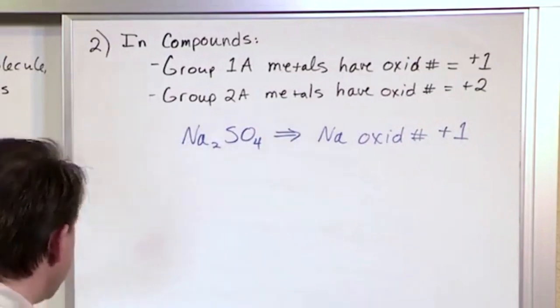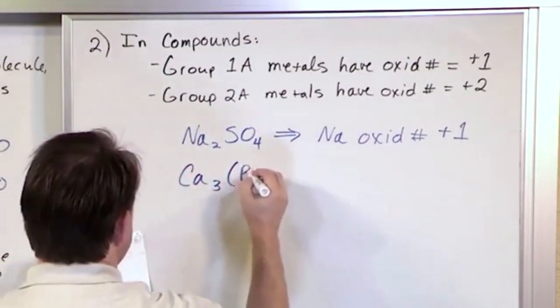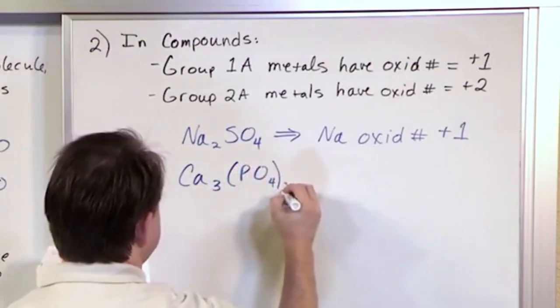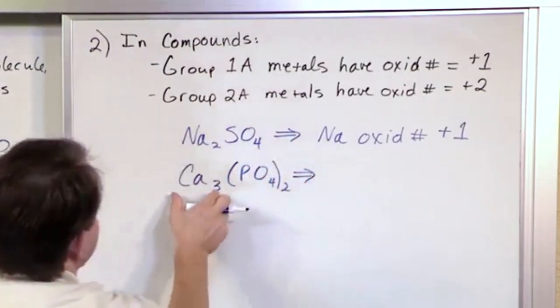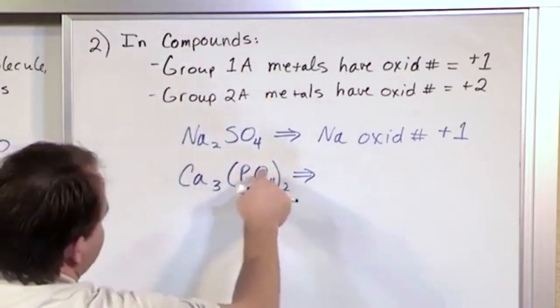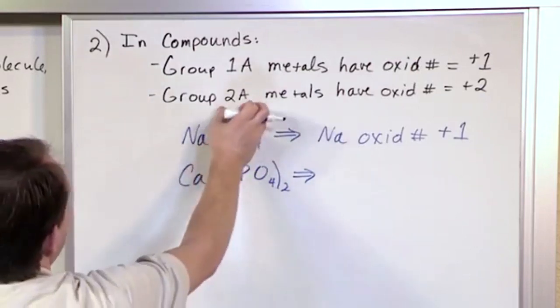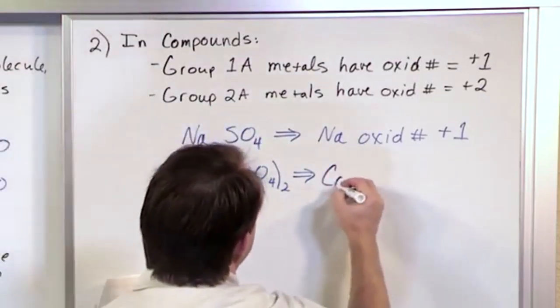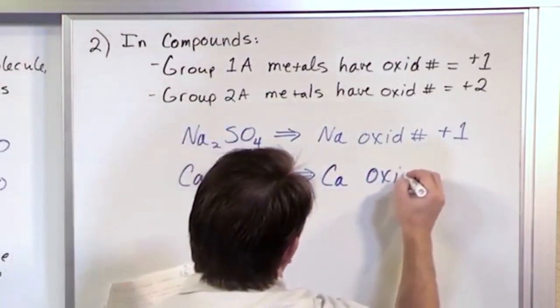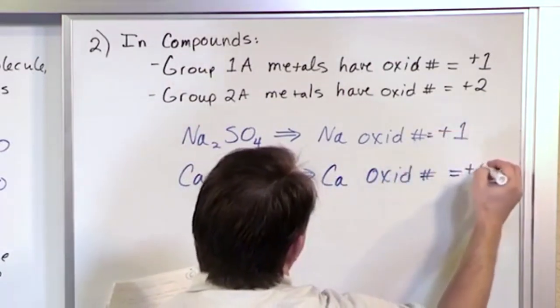All right? What if I had something like calcium phosphate, Ca3(PO4)2? Again, calcium's wrapped up in here. I don't have anything on this list about phosphorus or oxygen yet at all. But I know that calcium is on this list. It's in group 2A, so that means the oxidation number of calcium is +2.